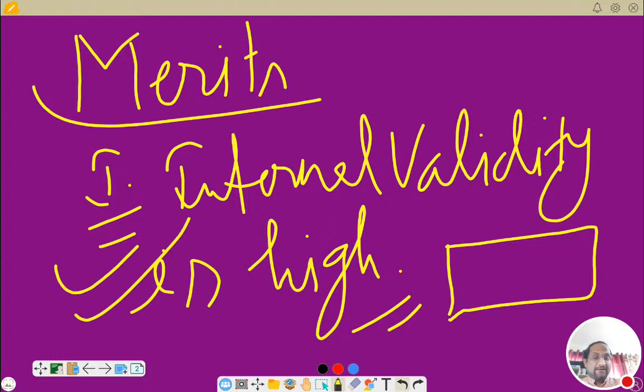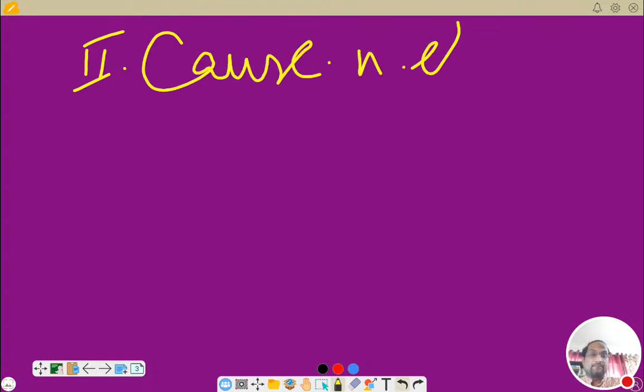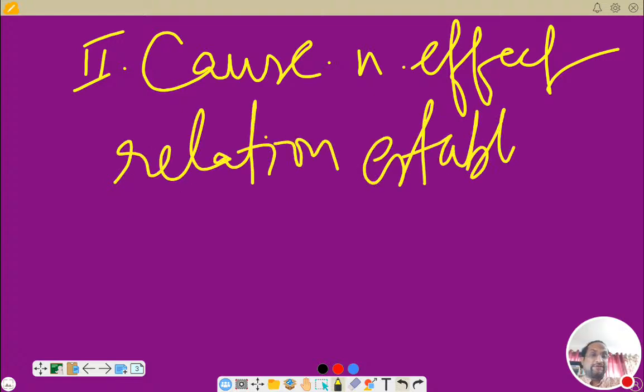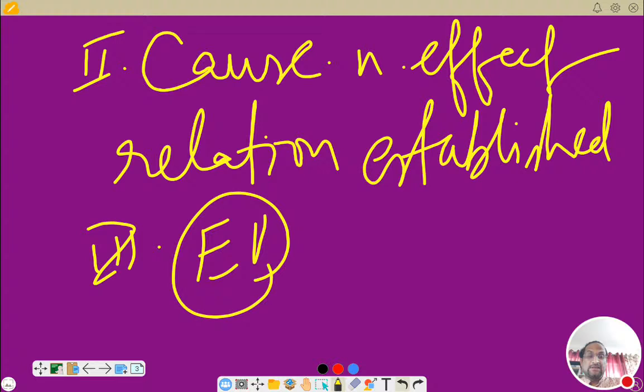Internal validity is high. The second merit: cause and effect relationship is established. EV control is effective. External variable control is effective, which is very important to ensure that the point number 2 happens.